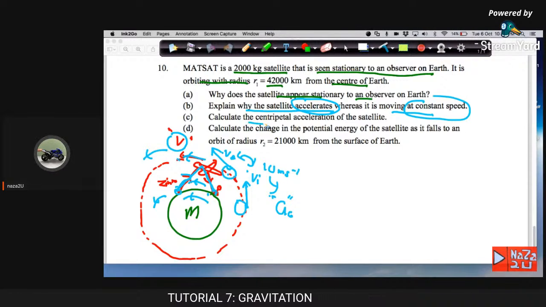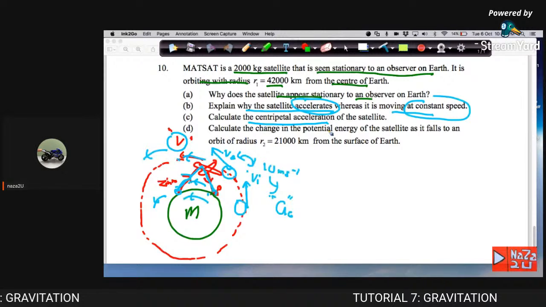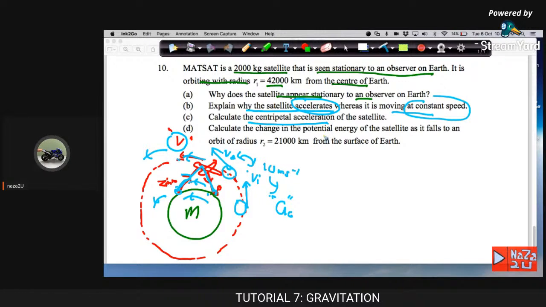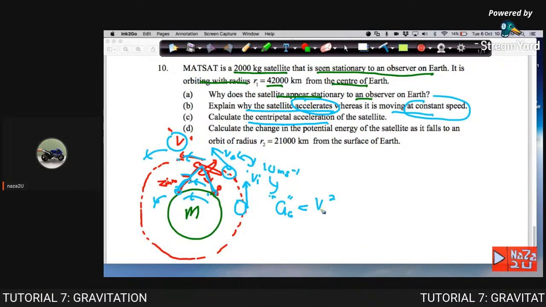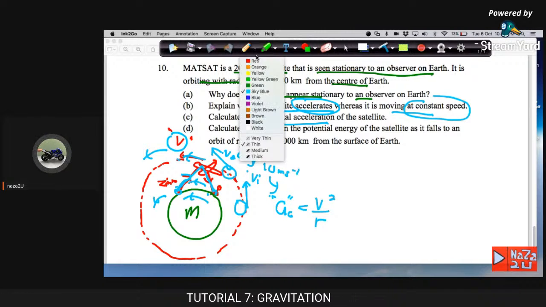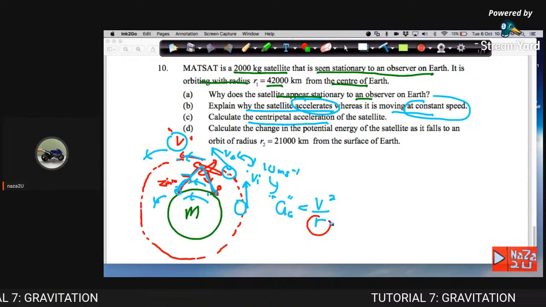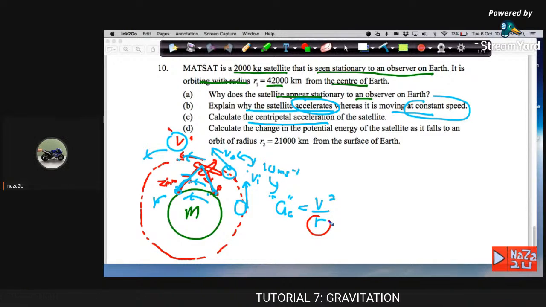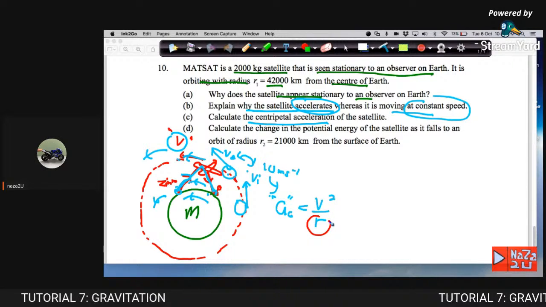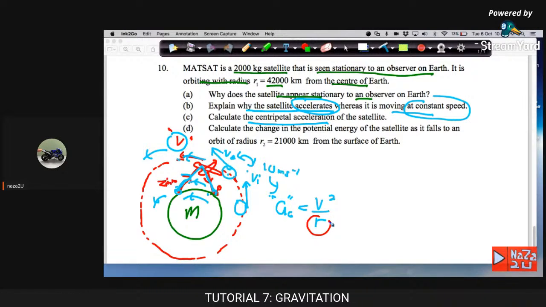Okay, number C, calculate centripetal acceleration. So centripetal acceleration, chapter 6. So centripetal acceleration, a_c is equal to v squared divided by r. Okay, so if you look at the information given by the question, the radius r here, berapa dia bagi? This is number C. Dia nak cari r.